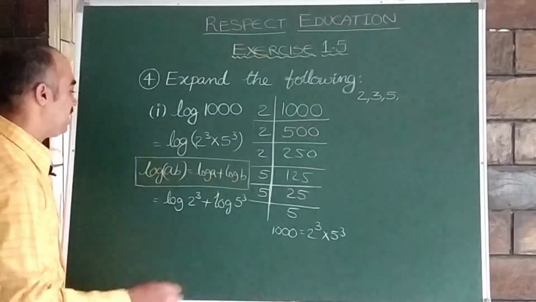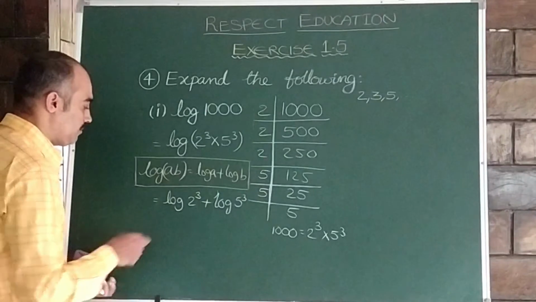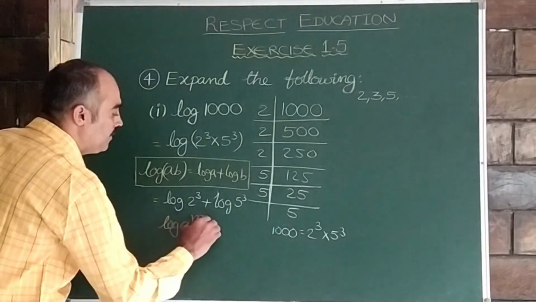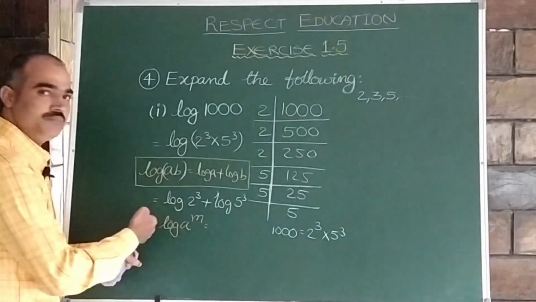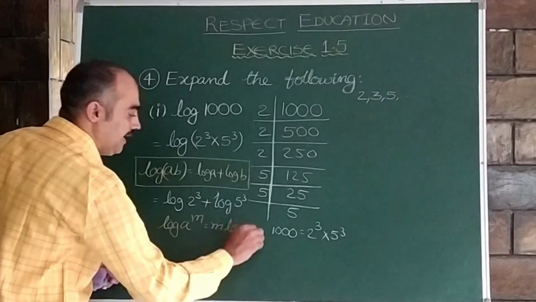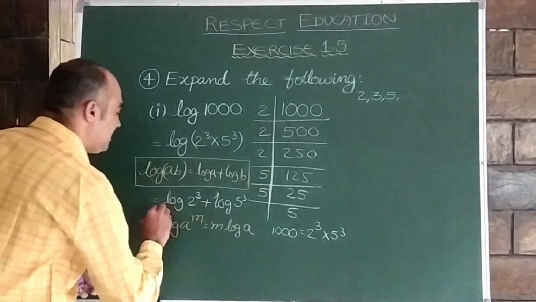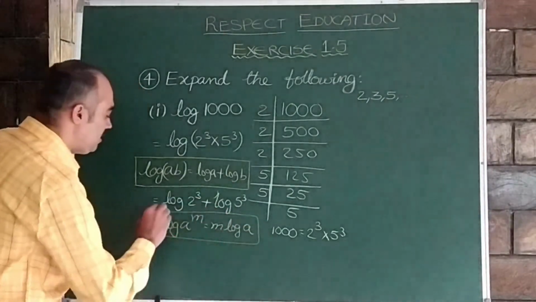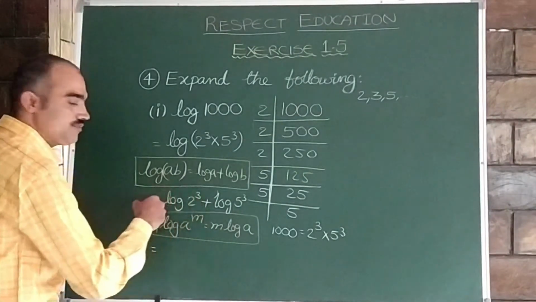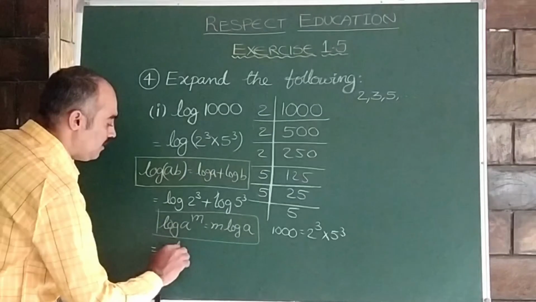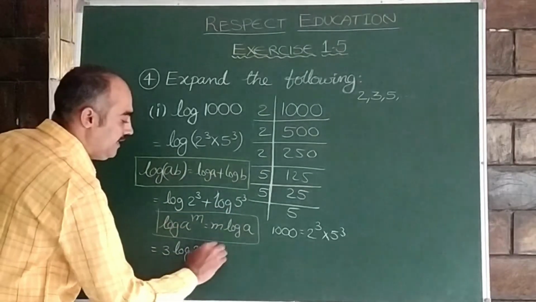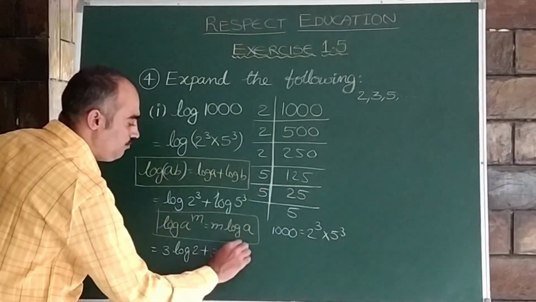As I have told you earlier, here one more formula comes children, that is log A power m. So we have discussed m comes forward, so it is m times log A. Clear? So let us apply that formula for both the terms. So here it becomes 3 comes forward, 3 times log 2 plus 3 comes forward, 3 times log 5.